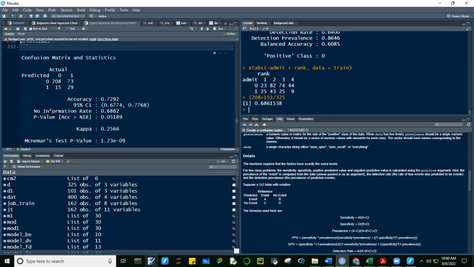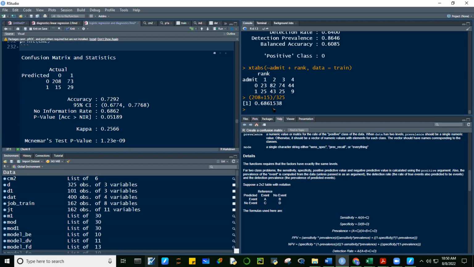Ito yun guys, yung no information rate, 68.62%. Which means that, is it really worth it to create your model? Eh di bilangin na lang natin kung ilan ba yung hindi natanggap, then yung pinakamarami, tapos yun na lang yung gawin natin prediction natin. Lahat sila hindi matatanggap, no?